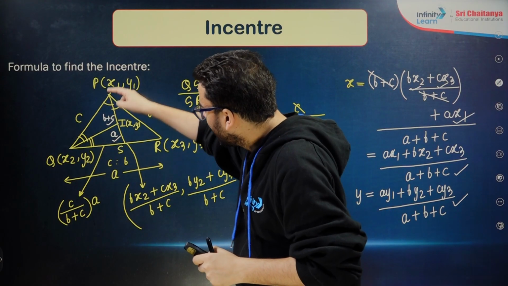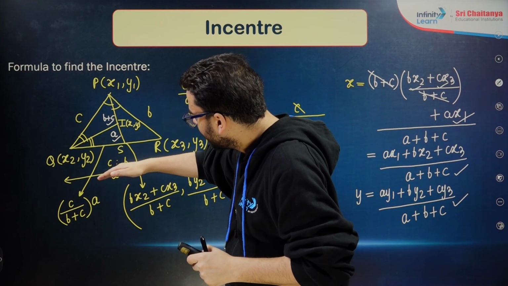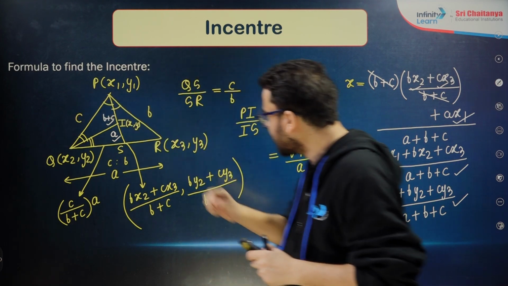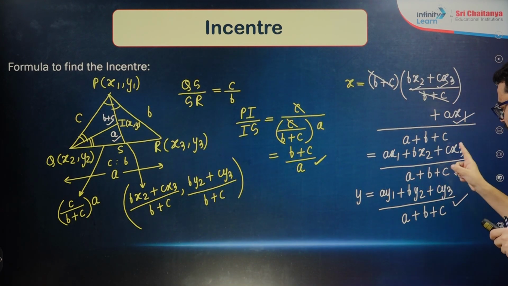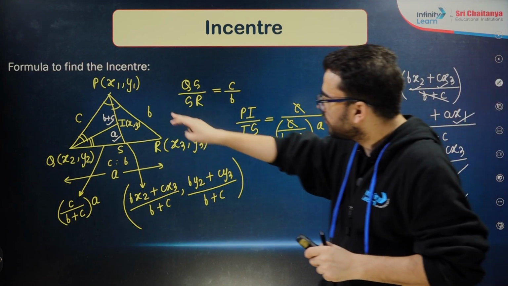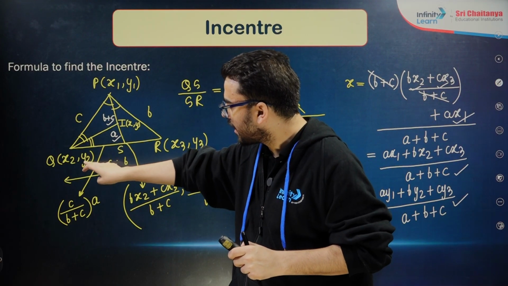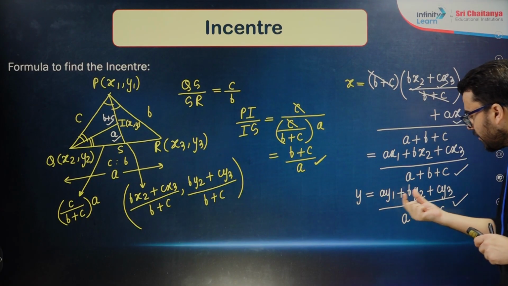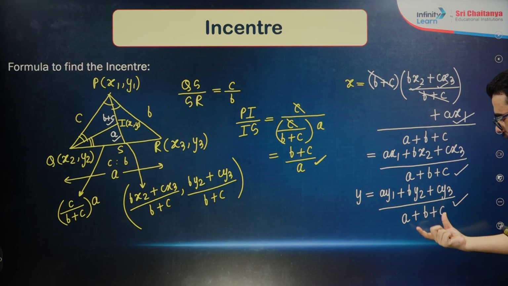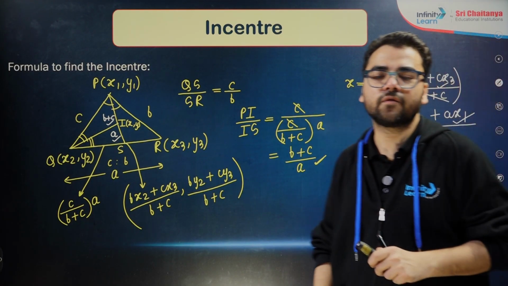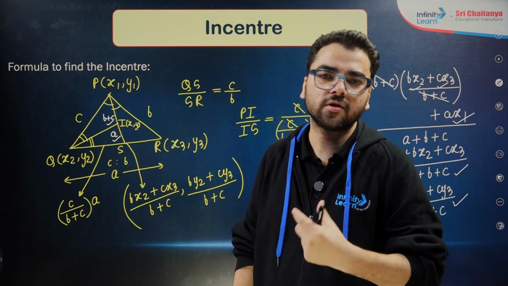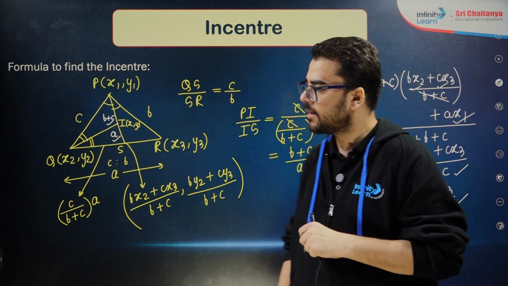It will be x1 into the length of the opposite side plus x2 into the length of the opposite side plus x3 into the length of the opposite side, upon the sum of the lengths of the sides. Similarly, y1 into the length of the opposite side plus y2 into the length of the opposite side plus y3 into the length of the opposite side, upon the sum of the lengths of the sides. So that's the formula to find the coordinates of the incenter of a triangle when the coordinates of the three vertices are given, right?